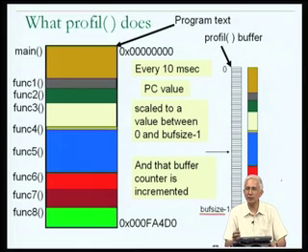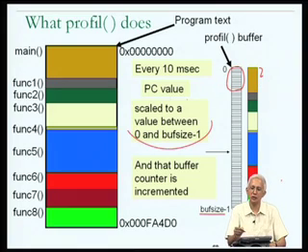And therefore, all that the prof output has to do is add together all of the counters which relate to the region of program text that were mapped into by the scaling function relating to a particular function, to give an estimate of the amount of time that was spent in that particular function.